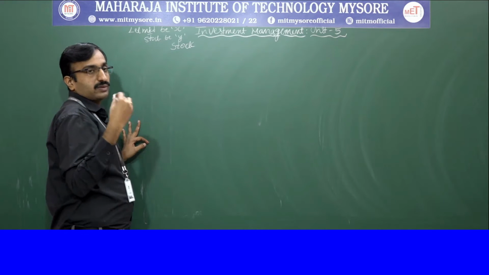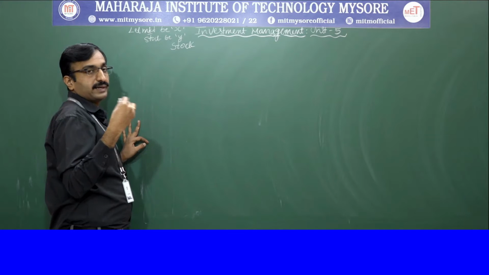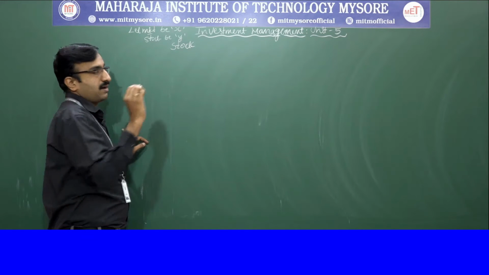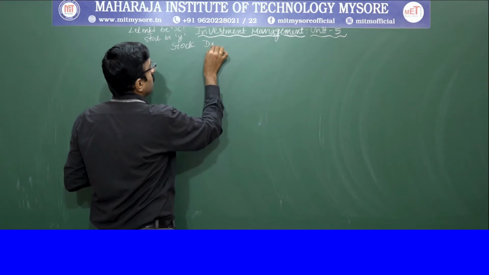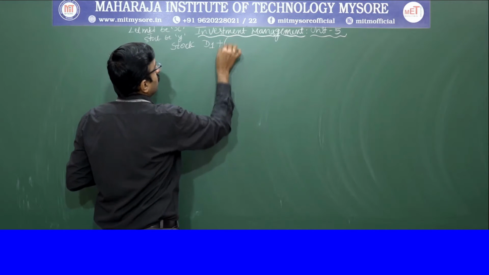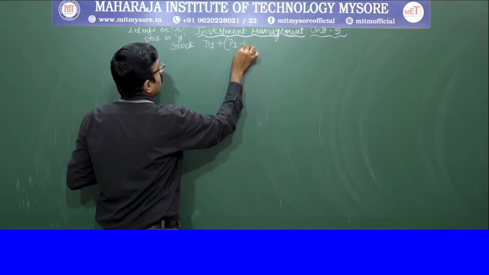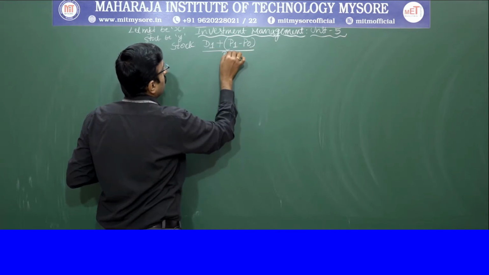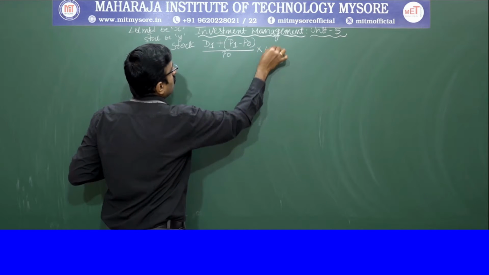How do you find the expected return? That is D1 plus P1 minus P0, whole divided by P0, whole into 100.